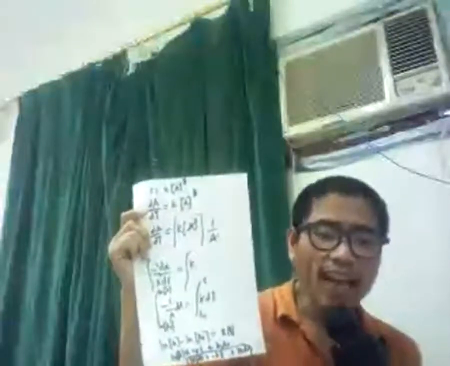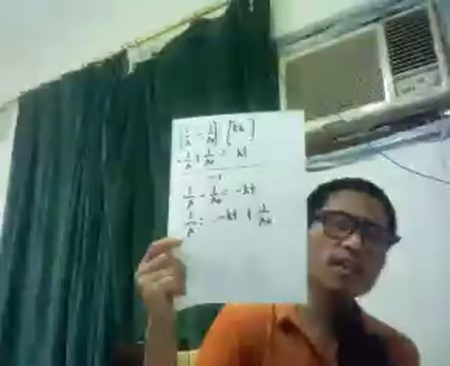Again, divide the whole thing by negative, so the K will become positive. So this will become 1/A minus 1/AO is equal to positive KT.